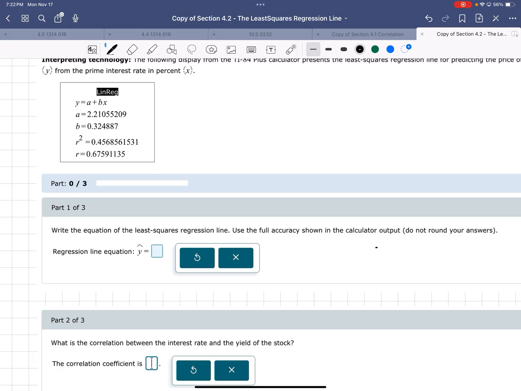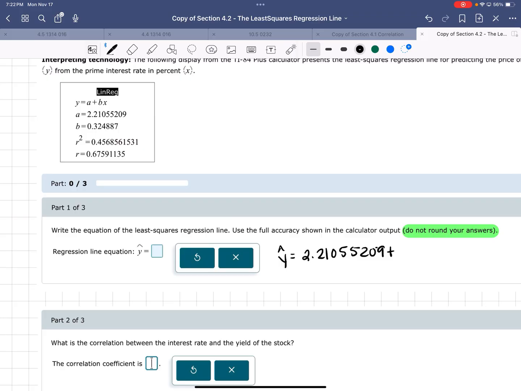So this is going to be y hat equals 2.21, because it starts off with a. It says a plus bx, so a is 2.210555209. Yep, you got to write the whole thing on this one, all because he says do not round your answers.